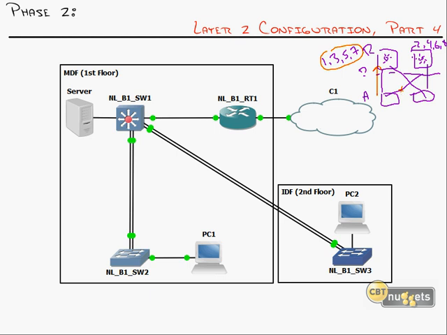For the even number VLANs, let me grab a different color, he would go this direction and block this link. And there'd be a link between these guys like that. So what you've done by configuring it this way is set up kind of a rudimentary load balancing. It's not perfect, it's not going to be exact, but you've kind of split the VLANs so that even number VLANs go this way, odd number VLANs go this way.